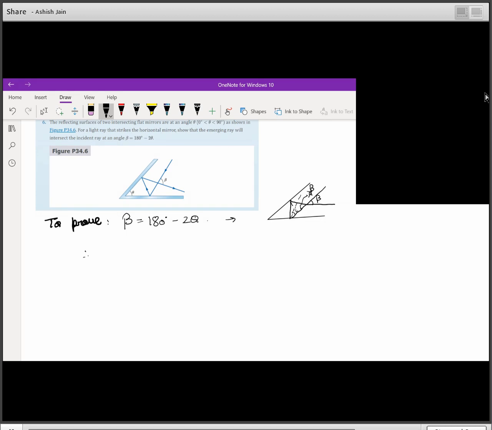So 2i plus 2 alpha plus beta should be 180 degrees.